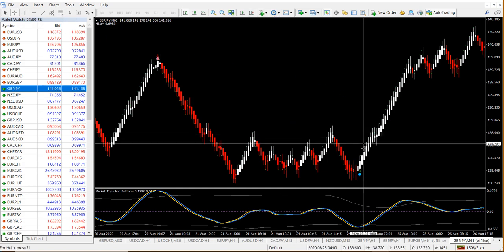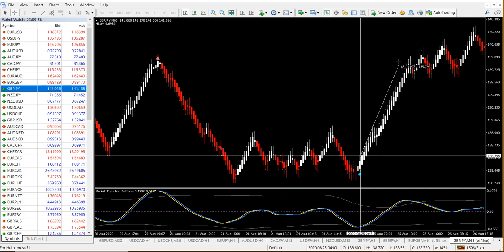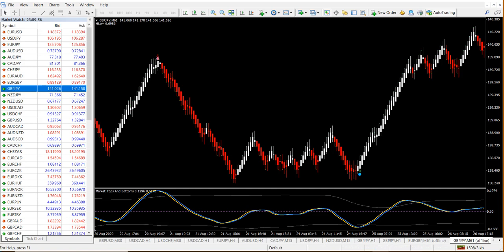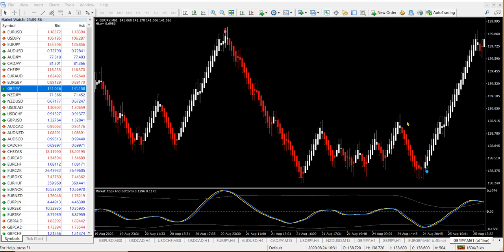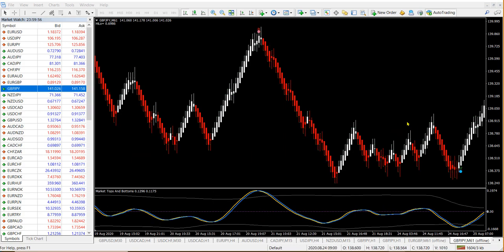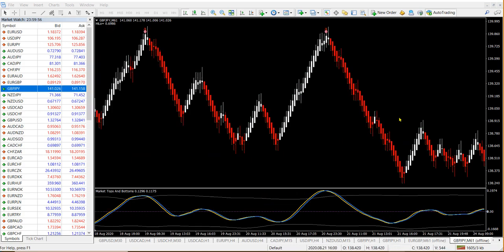Here's a trade that's a gift. Up 125 pips. So just once again, scrolling backwards, some GBPs.